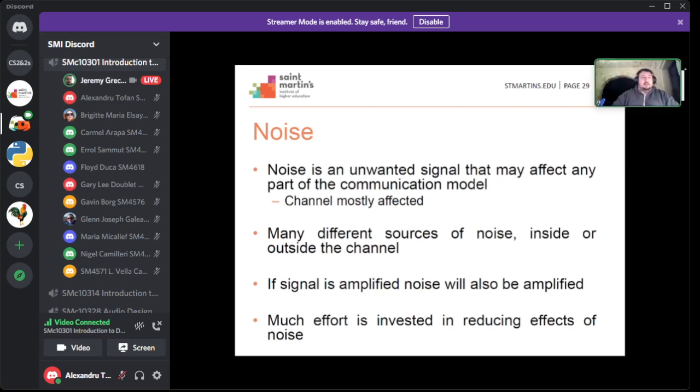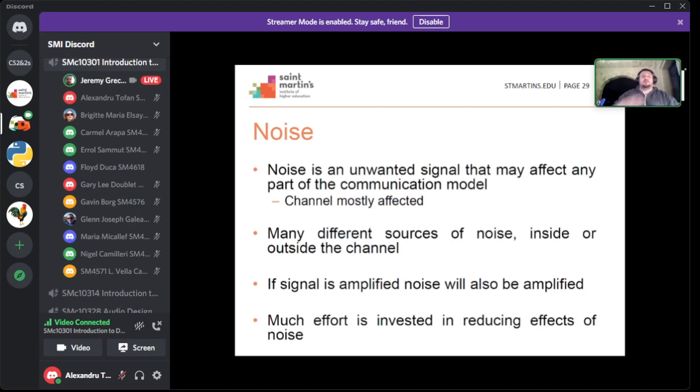There are ways and means of mitigating it, and ways that one tries to remove this element of noise, but sometimes noise is going to be part and parcel of the signal.